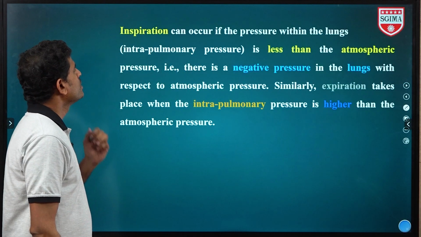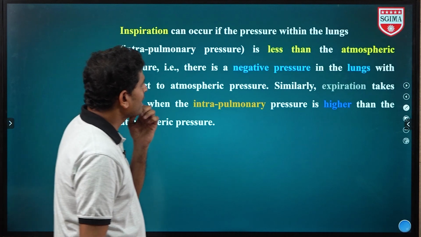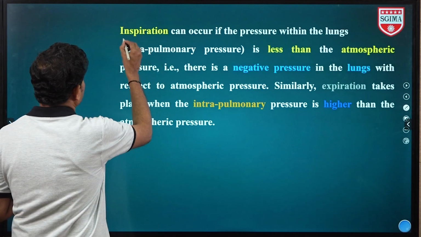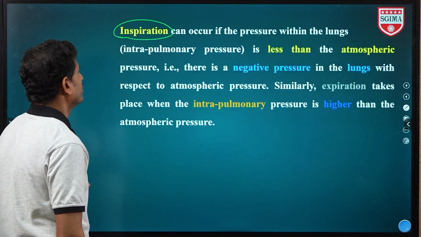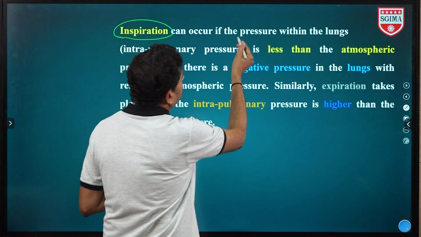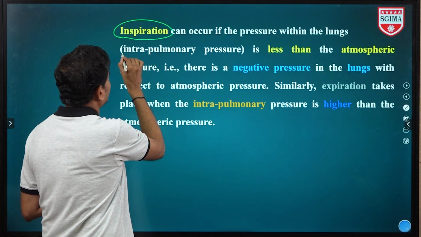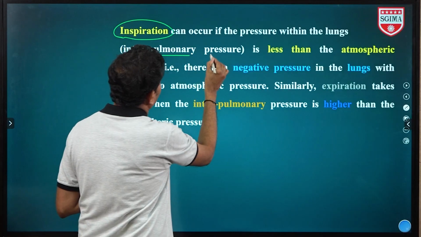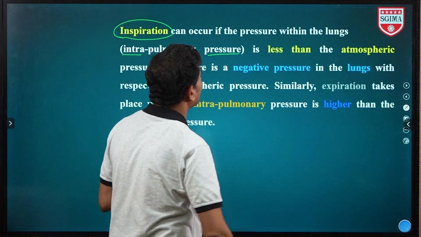Okay. So here inspiration again they given. So what happens here? Inspiration mainly. This is the original mechanism we are going to discuss. Inspiration can occur if the pressure within the lungs, that is nothing but intrapulmonary pressure, is less than the atmospheric pressure.